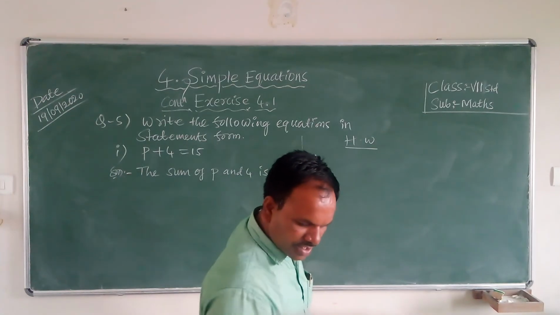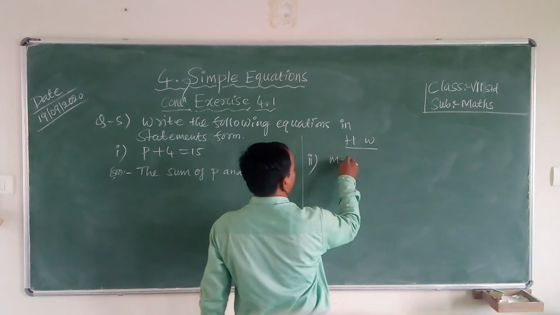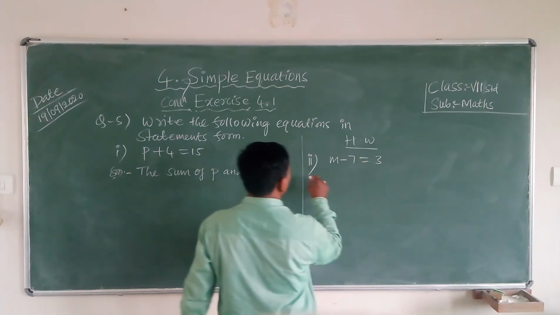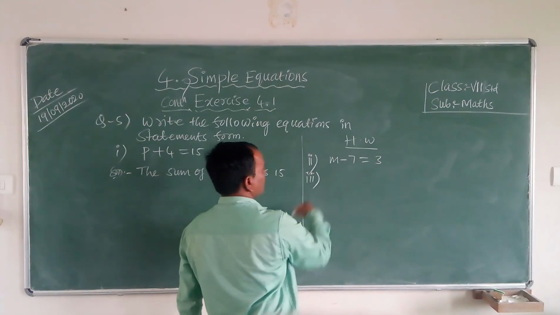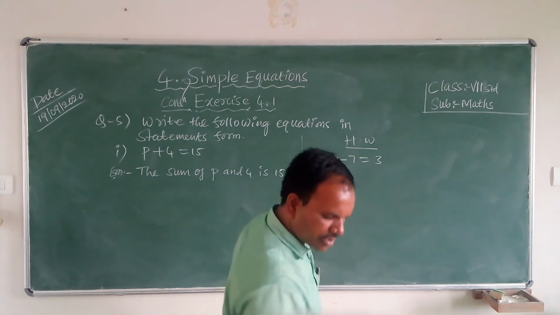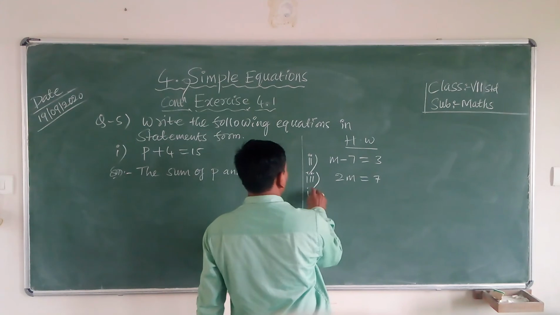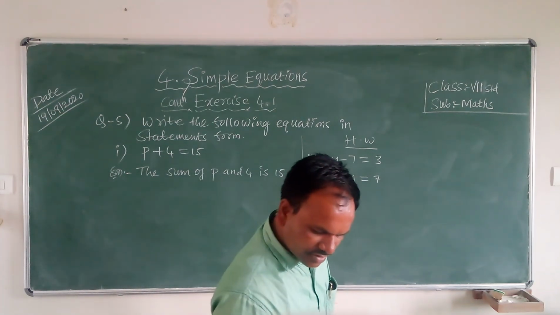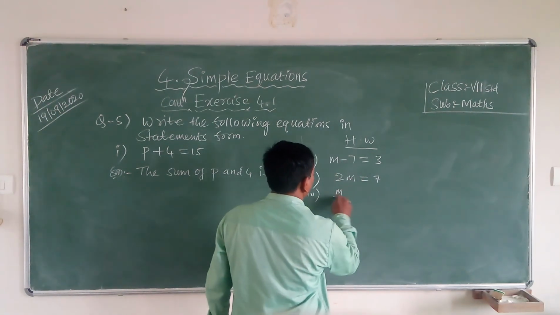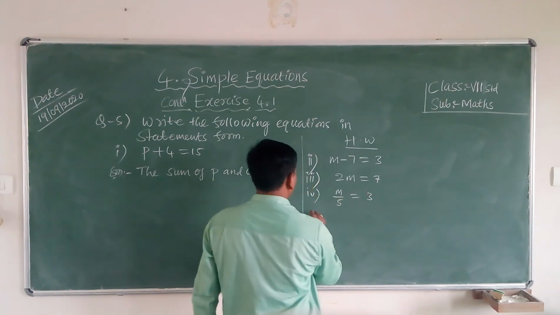Second one. M minus 7 is equal to 3. You have to write statement form. So third one. 2m is equal to 7. Fourth one. M by 5 is equal to 3.